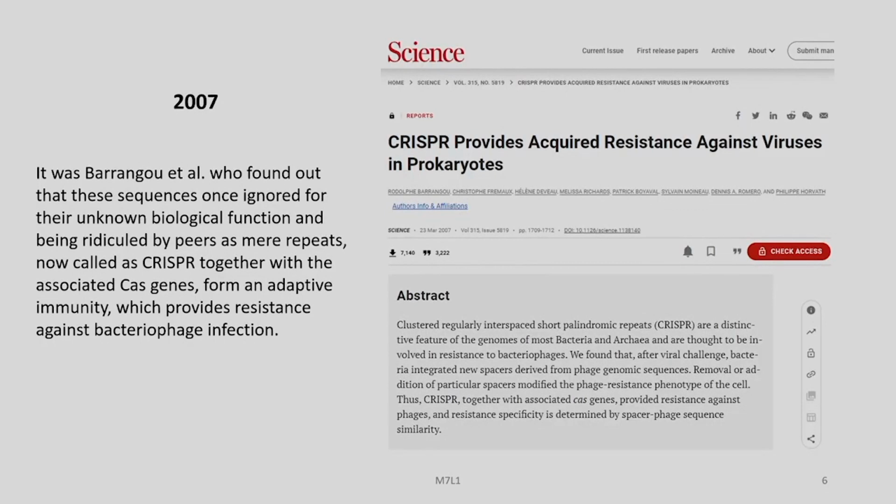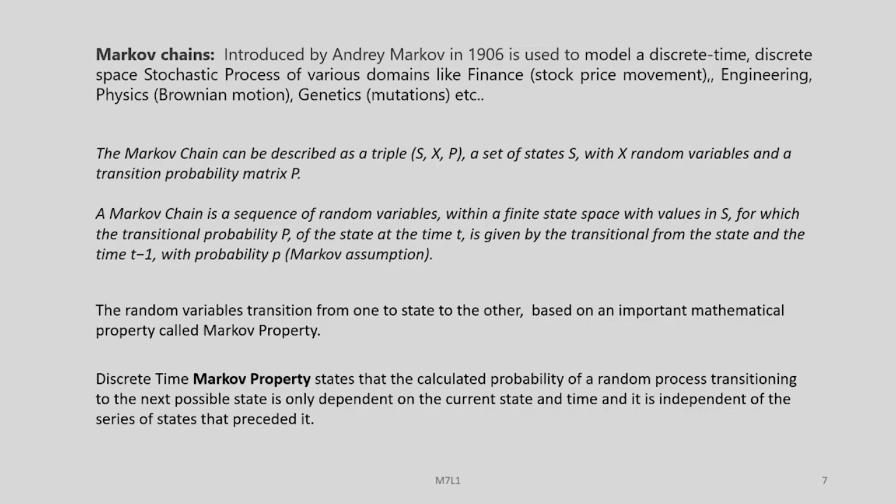Basically, the immune system provides this kind of defense in higher organisms which are multicellular, but finding such a corresponding system in a very small single-celled bacteria was quite astonishing. This was published in Science. As you can see, this paper, CRISPR provides acquired resistance against viruses in prokaryotes, is considered a landmark paper.